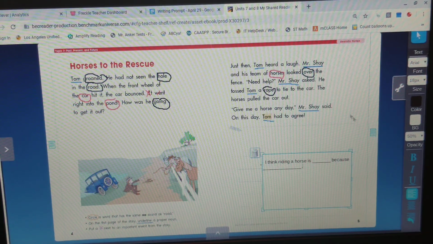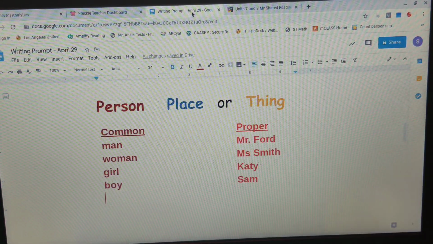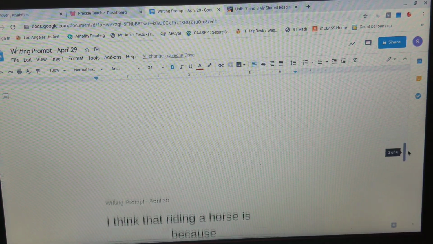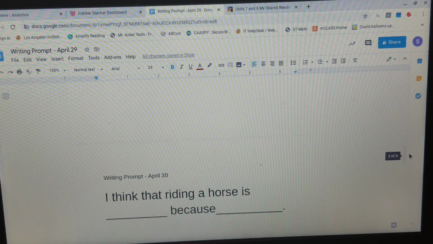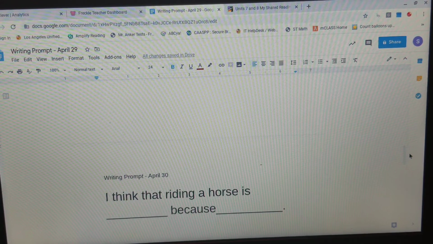Okay, let's take a look. I think that riding a horse is blank because blank.